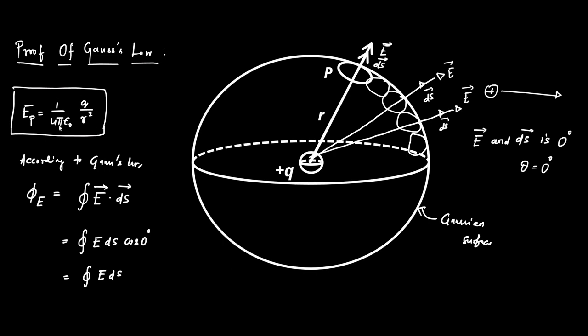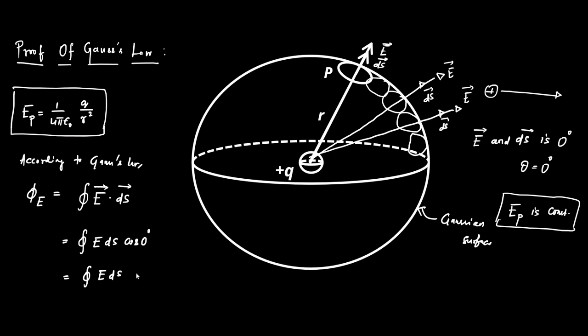So as every other parameter is constant, epsilon 0 is constant, pi is constant, 4 is a numerical value, it is constant, the magnitude of charge is constant, and r is constant, the electric field EP at all points on the Gaussian surface is constant. Electric field is constant.